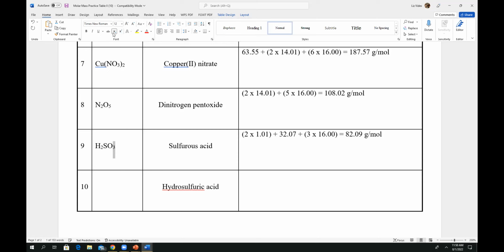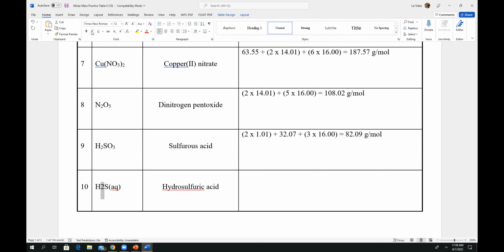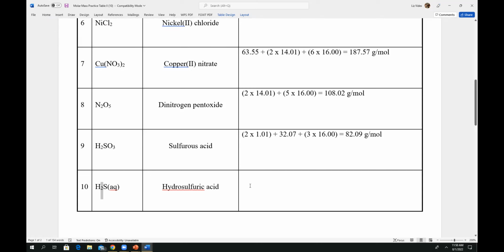And this is hydrosulfuric acid, so H2S. And remember, in order for this to be the acid, it has to be in the aqueous form, so you always have to indicate that. All right, so H2S is easy.